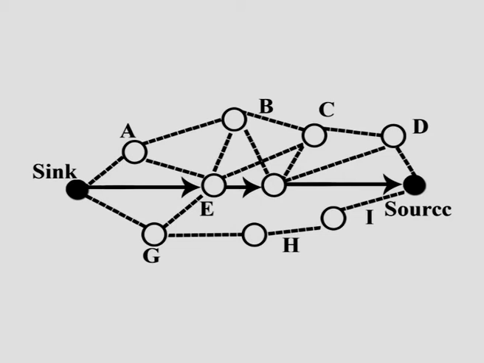But we can see that the shortest path available for a packet to move from sink to source is through nodes E and F, that is sink, E, F, source. To choose a route between a given pair of routers, the shortest path algorithm just finds the shortest path between them on the graph. The shortest path algorithm includes a definition of the way of measuring path length.